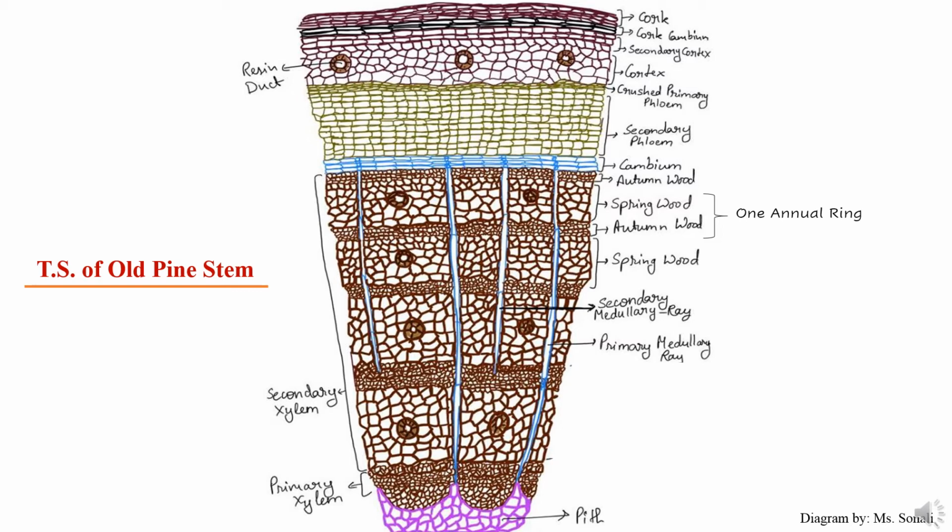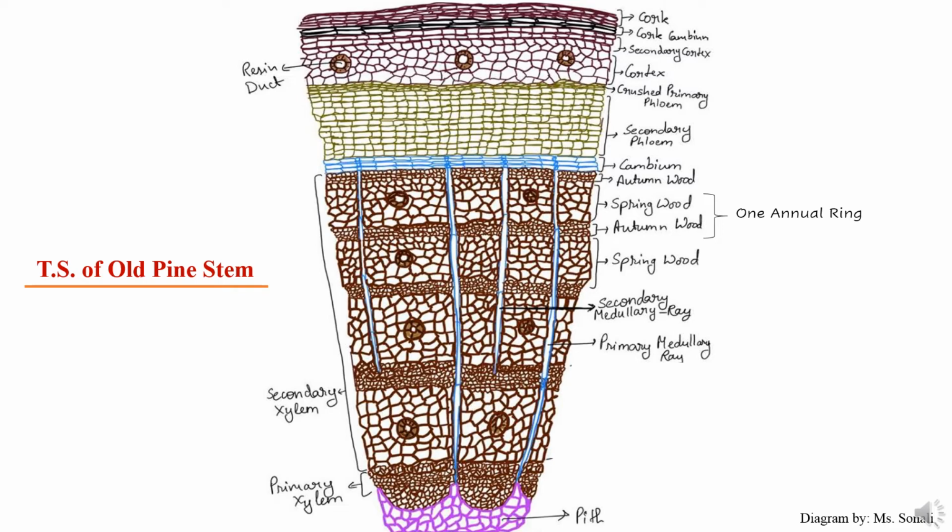The answer lies in the fact that there are two types of cambium: fascicular cambium, also known as fusiform initials. They are present between xylem and phloem tissue and form secondary xylem and secondary phloem.